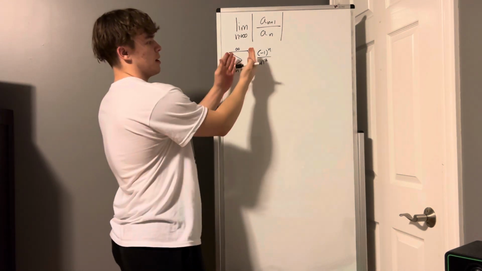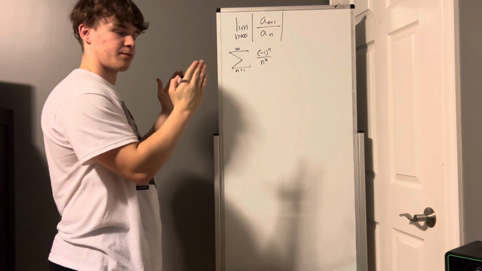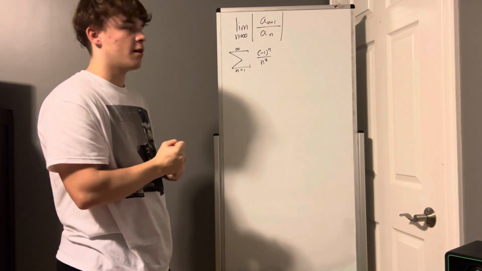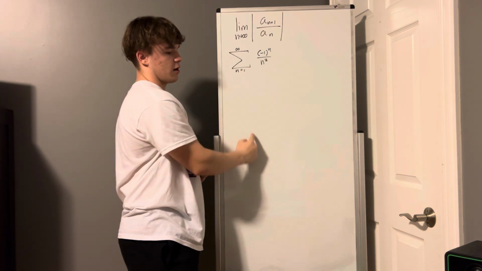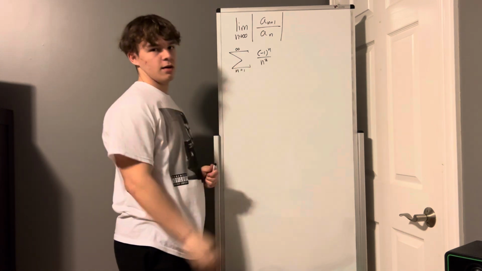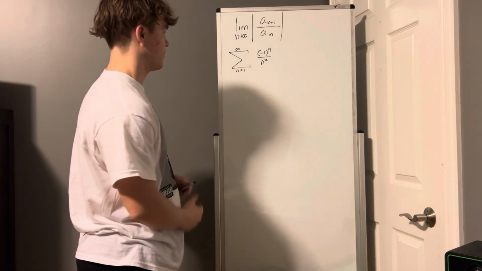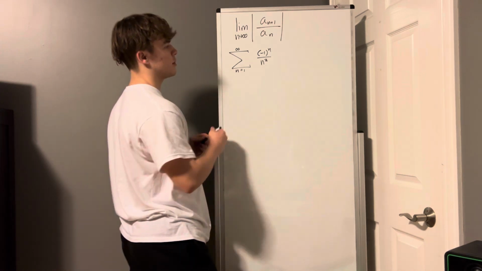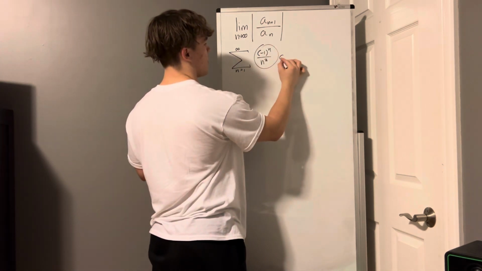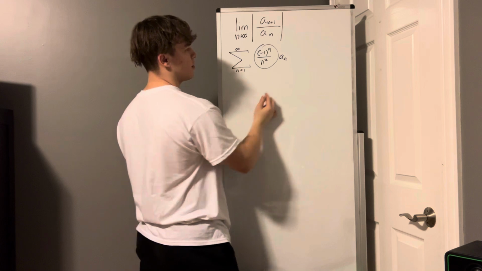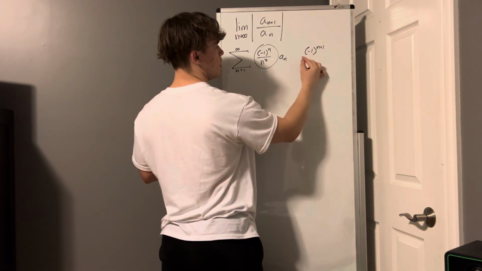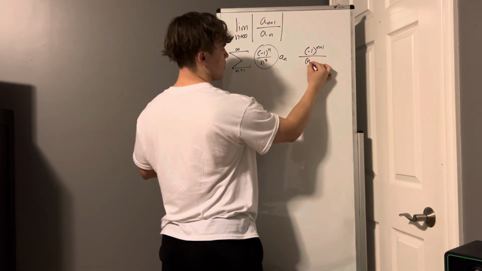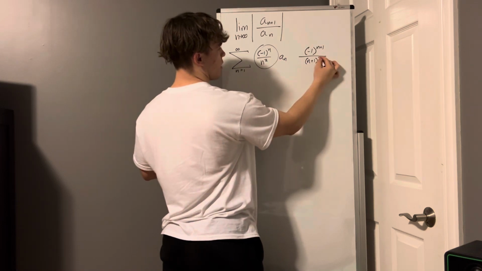It's basically going to be an amplifier for our series of 1 over n squared, and the amplifier is going to go up and down and up and down. It's going to go all over the place. But what we can do is we can say that this is our a sub n. Our a sub n plus 1 is just going to be negative 1 to the n plus 1 over n plus 1 squared. We see an n, we put an n plus 1.